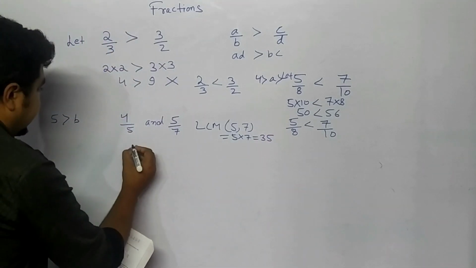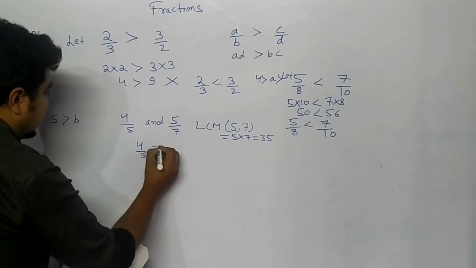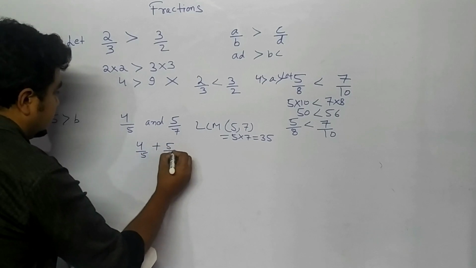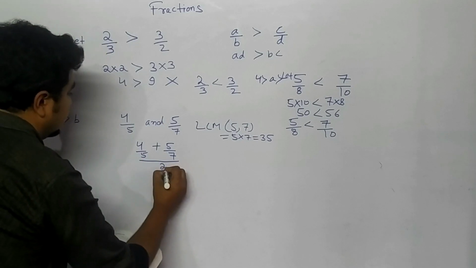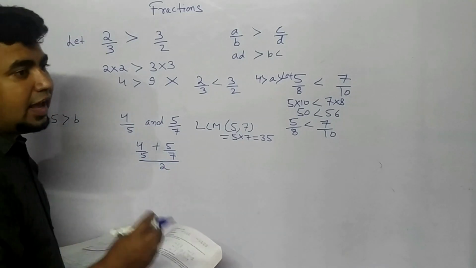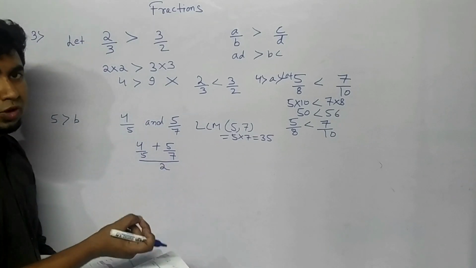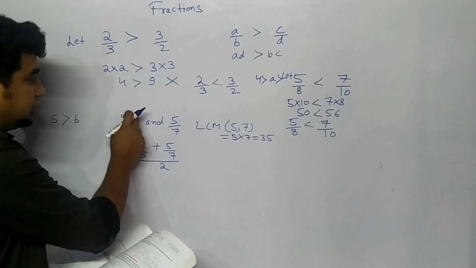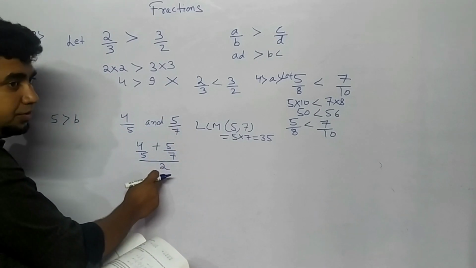You have to add 4 by 5 plus 5 by 7 and divide it by 2. This is known as the average: adding two numbers and dividing by the total number of numbers. Here, this entire part is one number and this entire part is one number. That is why I have divided by 2.